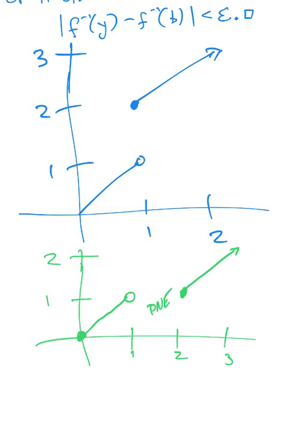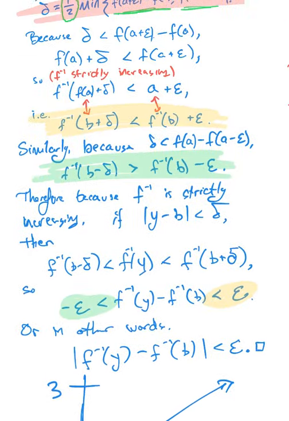Does that make sense? So F inverse here, if the top one is F and the lower one is F inverse, is continuous on its domain. That makes sense. So, where have we used continuity in the proof? It's implicit in the fact that we're assuming that the range of f is an interval.